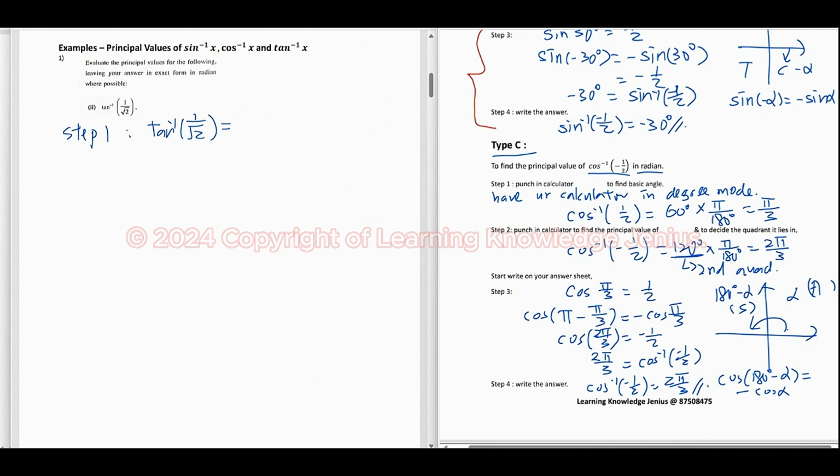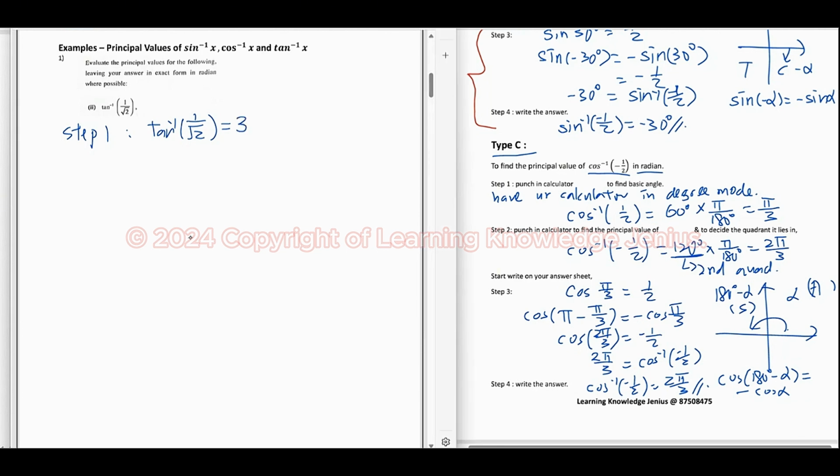Let me get the answer from the calculator. If you get it from the calculator, you will get 35.264 degrees.